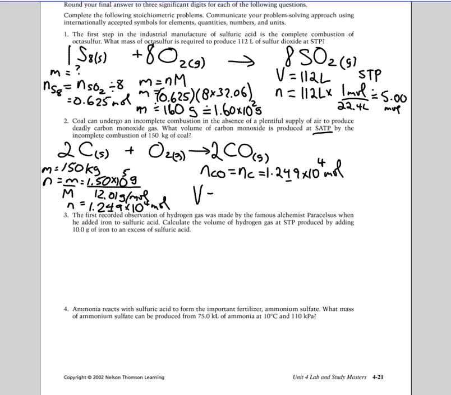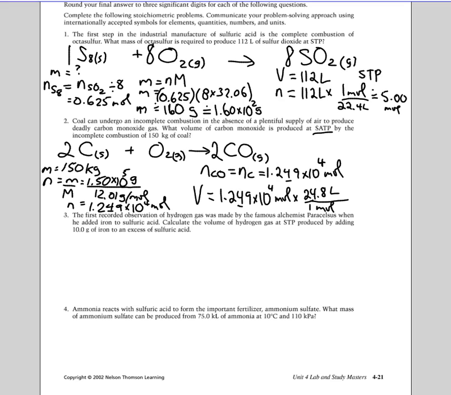So the volume would be equal to that amount multiplied by 24.8 liters for every mole.